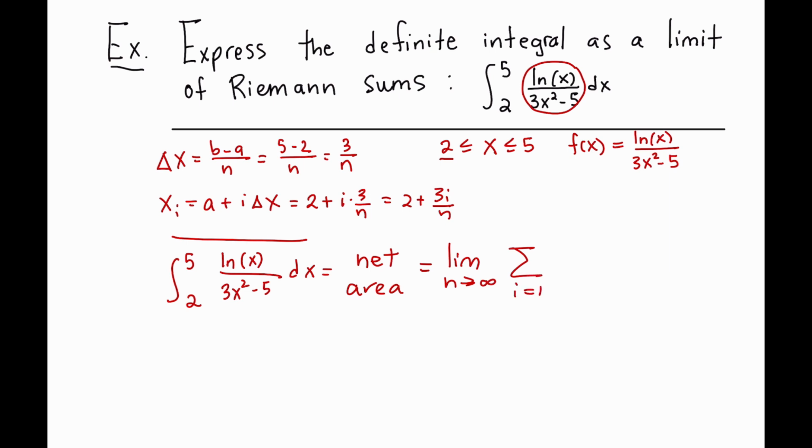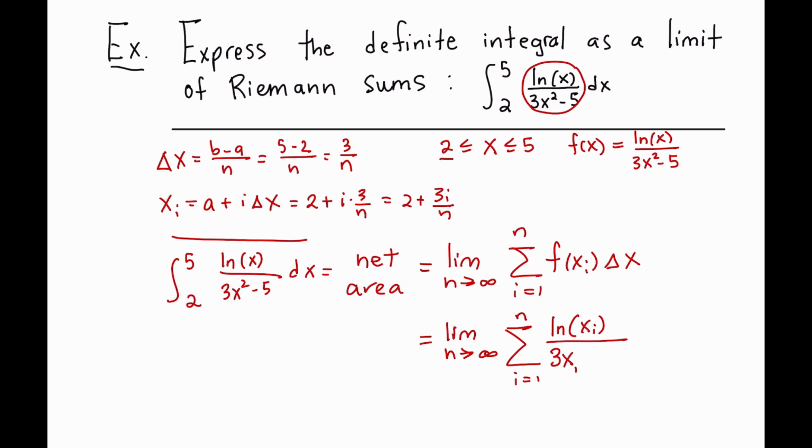So here's my formula. This is equal to the limit as n approaches infinity of f of xi, which is ln of xi over 3xi squared minus 5, times delta x.